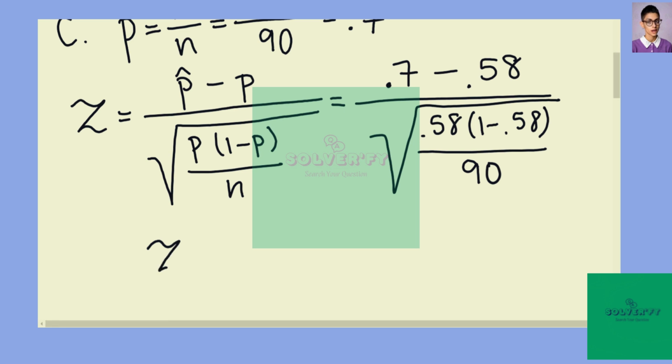And we find that our z is equal to 2.31.